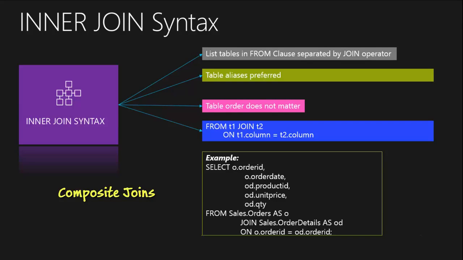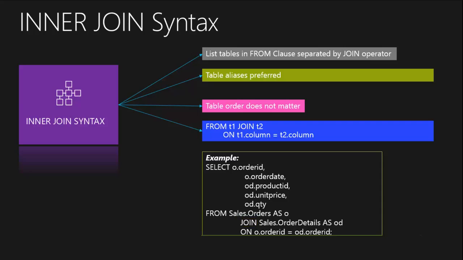When you're writing queries using the inner joins, it is preferable to use table aliases not only for the select list but also for expressing the on clause. And you need to use the join keyword once for each two tables in the from list. For example, if you have a two-table query, specify one join. And if you have a three-table query, you will use join twice, once between the first two tables and once again between the output of the first two tables and the third table.